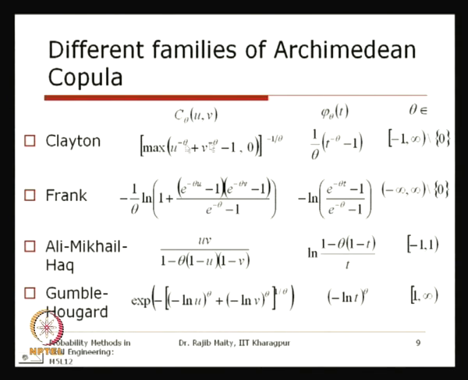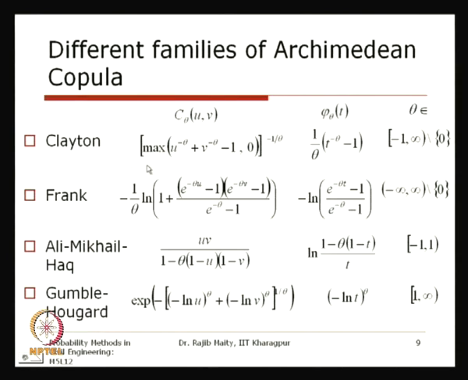The form of its generator is 1 by theta multiplied by t power minus theta minus 1, and the last column gives the range of dependence, which is from minus 1 to plus infinity excluding 0.